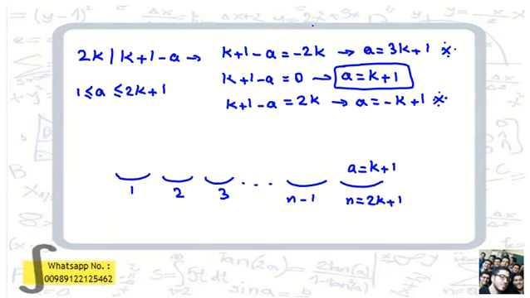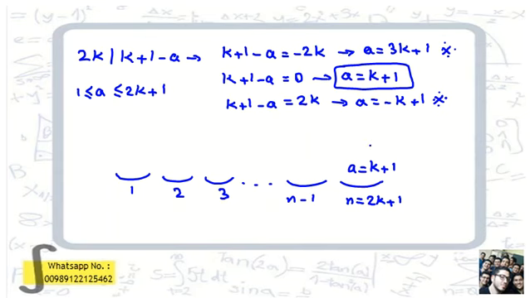If you consider minus 4k, minus 6k, a would be greater, and again a contradiction. If k plus 1 minus a equals 0, then a equals k plus 1. If k plus 1 minus a equals 2k, then a equals minus k plus 1, and we said k is greater than or equal to 2, so a would be negative. And if you consider 4k, a would be more negative, so again we reach a contradiction. So from here we've concluded that a equals k plus 1.